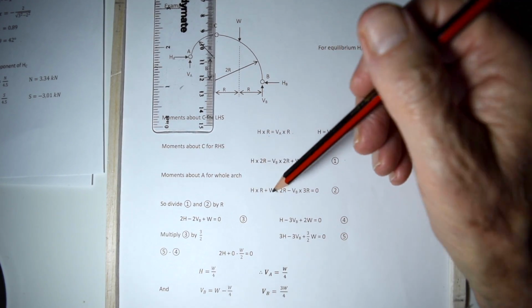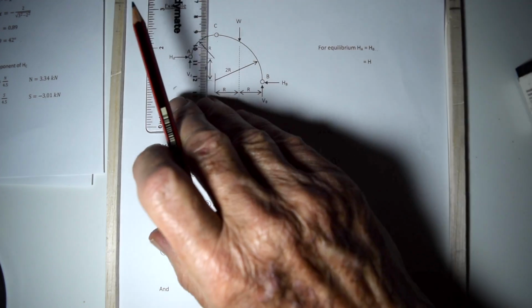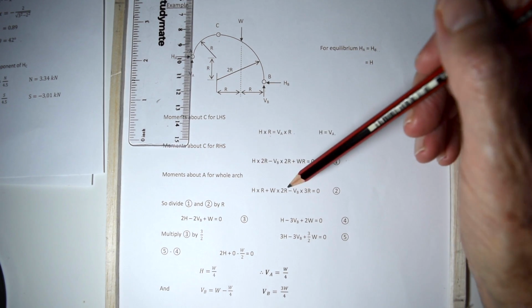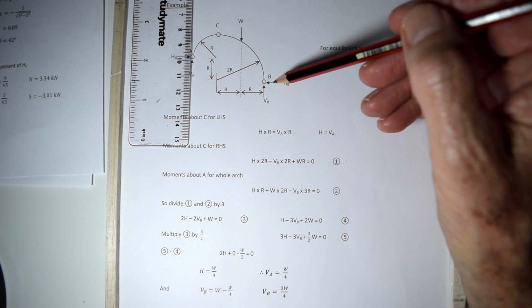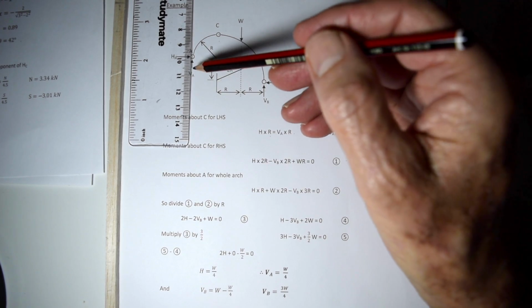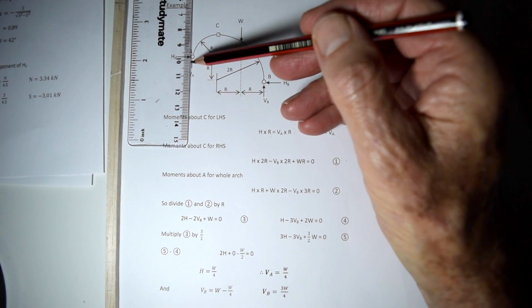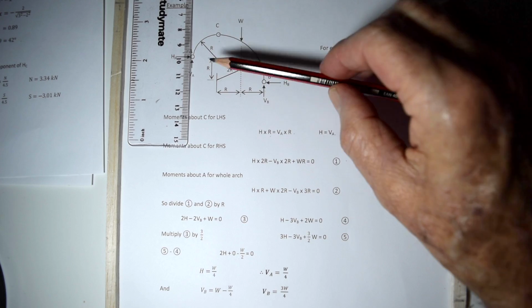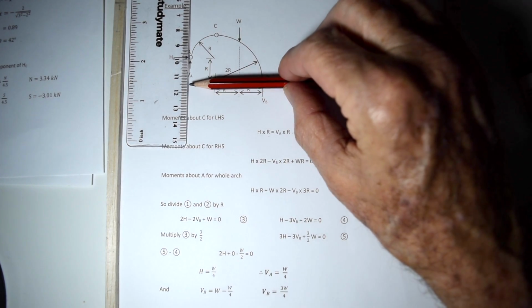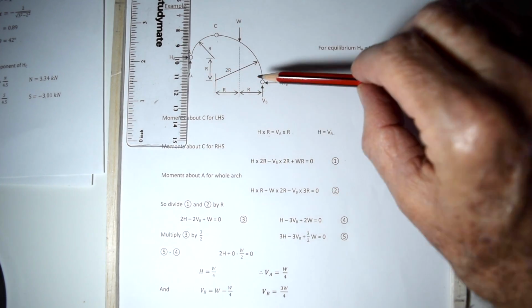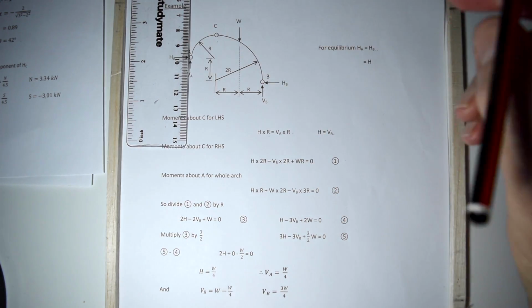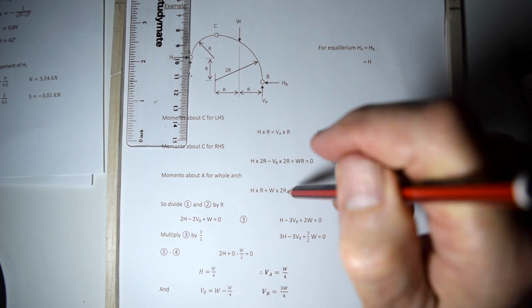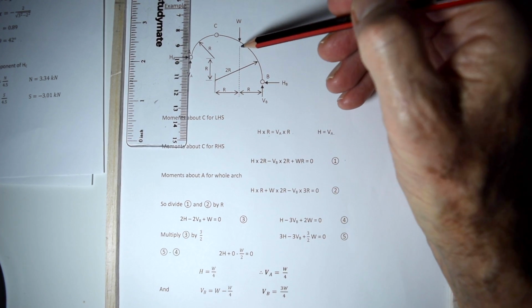We then take moments about A for the whole arch. We have H times R, because this H here is R away from there, and it's going in a clockwise direction around the pin at A. Plus W times 2R.